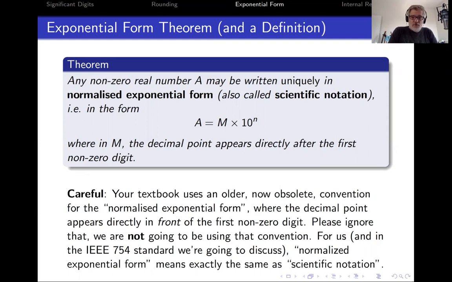What I'm going to show you is the IEEE 754 standard, which is the one used in all computers today, and it uses the normalized exponential form that I've just mentioned. So this is the correct one. In the list of exercises, I've included corrected versions of the solutions.